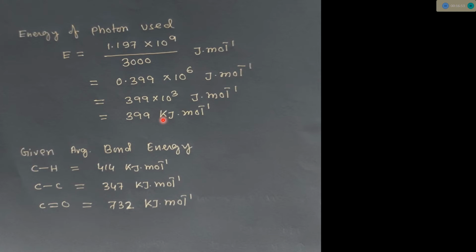If there is no absorption, even if we use light of greater energy than the average bond energy, there is no bond breaking, no photochemical decomposition, no photochemical reaction. So the bond has to absorb that light.